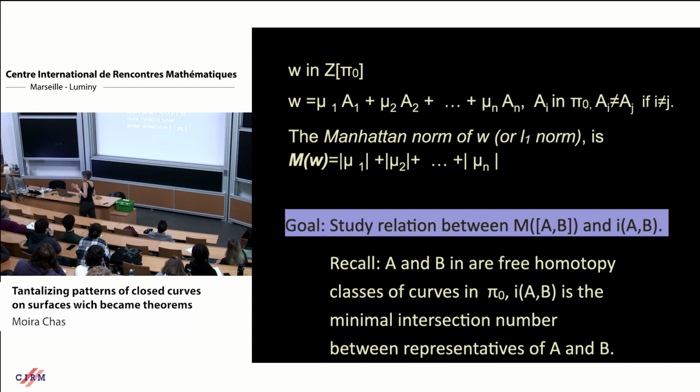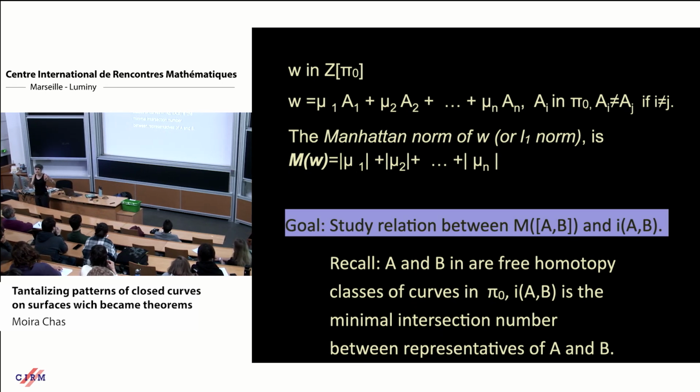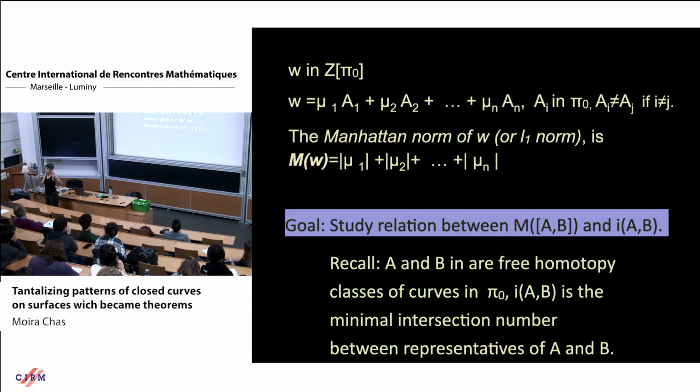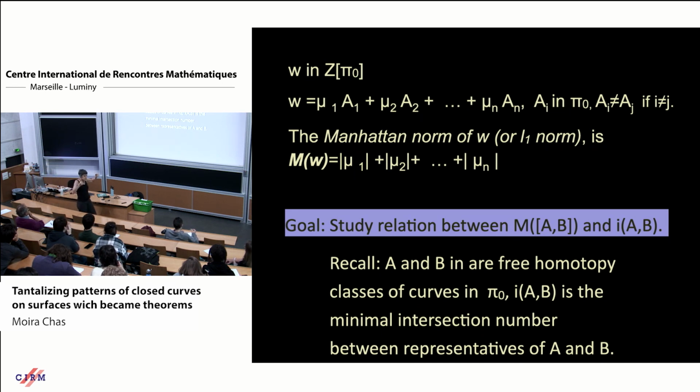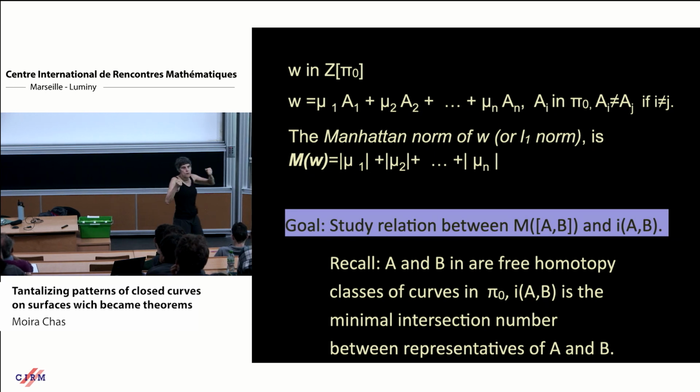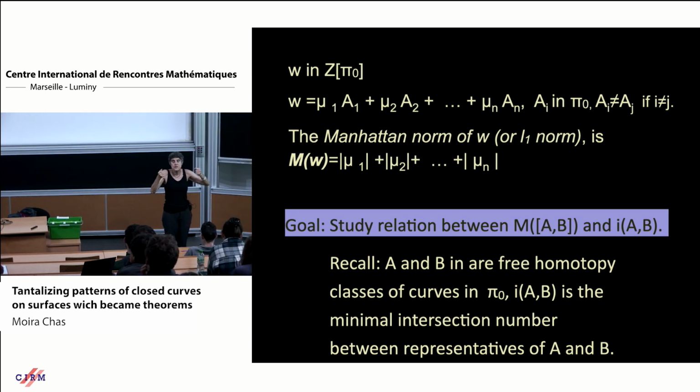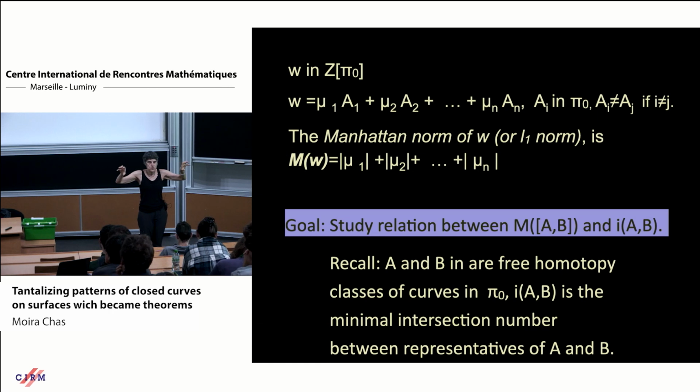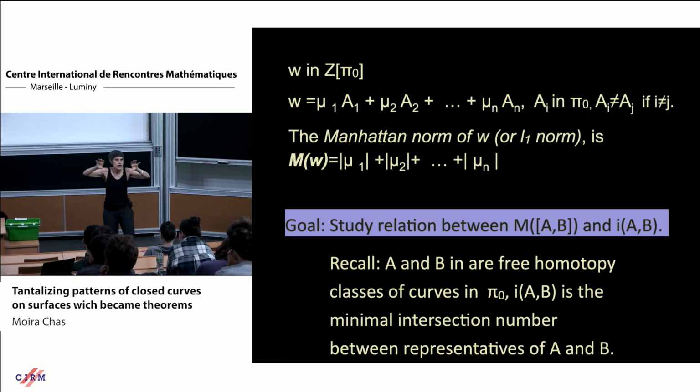So remember, the bracket is a sum over intersections. And I can choose representatives. So I'm going to start with two representatives that intersect in the smallest possible number of points. So how many terms am I going to get when I compute the bracket? Well, exactly as many as the smallest possible number of points.